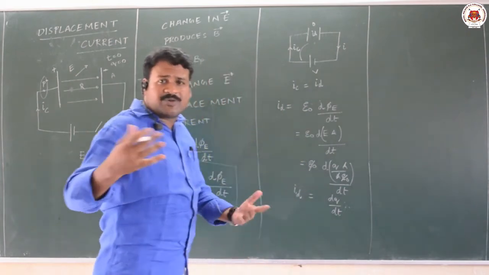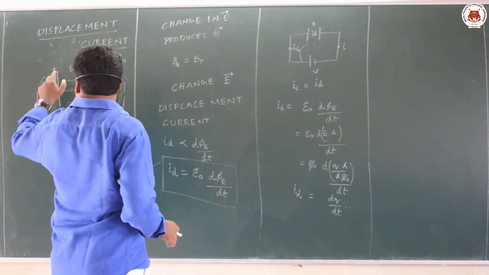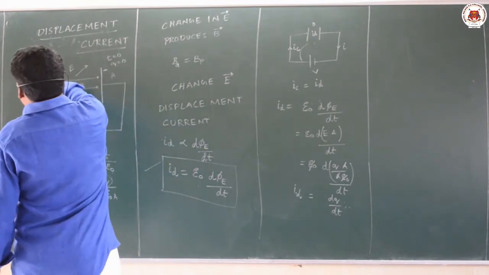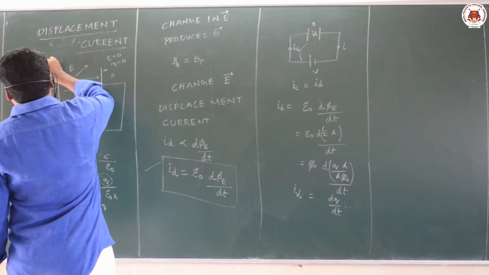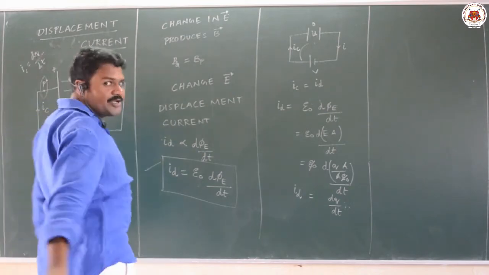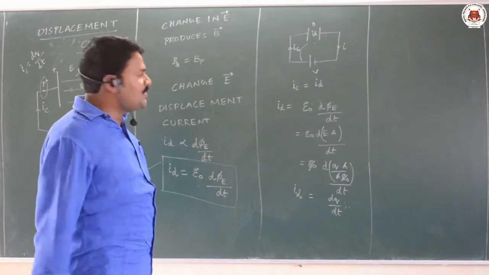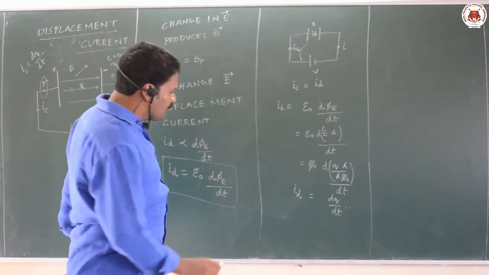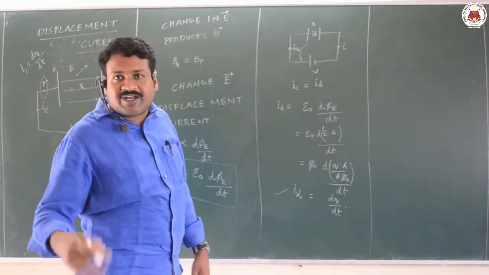Then what may be the formula of conduction current? Conduction current is due to change in the charge, so conduction current is also equal to dq by dt. This is the definition of current, rate of flow of charge. So charge is changing with respect to time, dq by dt, so both are the same. So displacement current is equal to conduction current.